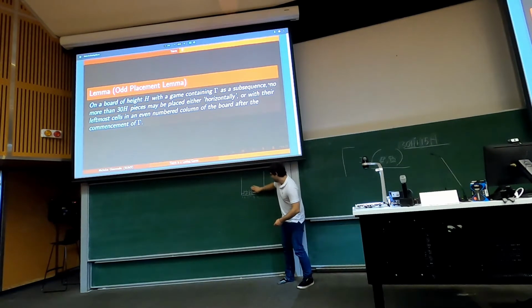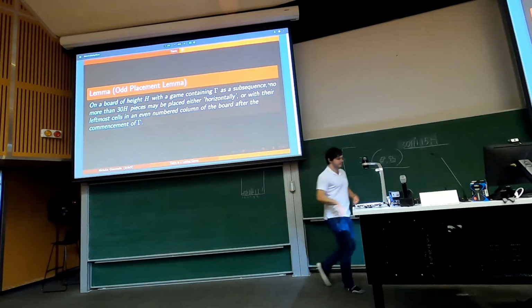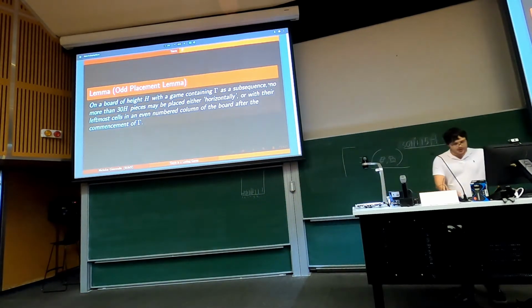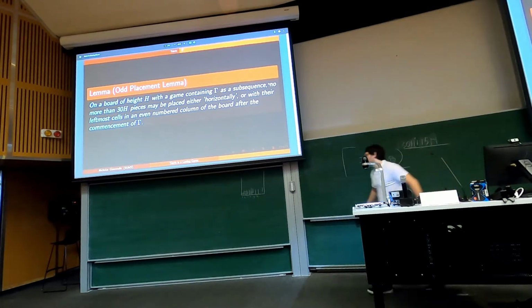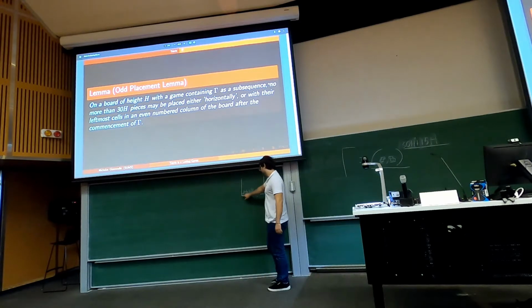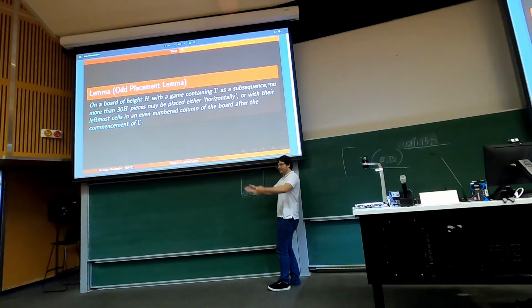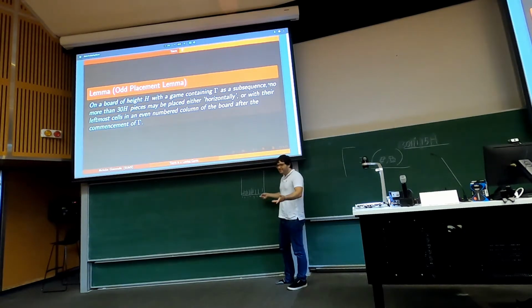Okay, so this is a strange seeming lemma, so I'll give some motivation for it. The idea is that it's hard to keep placing pieces horizontally because the length of a horizontally placed piece is 3, and there are 10 columns, so you end up leaving some column on the side that is unfilled, which is problematic.